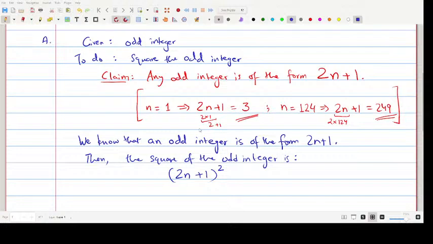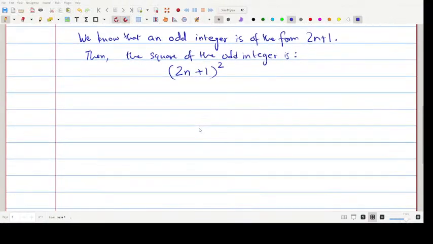I'm going to scroll now. So you see (2n plus 1) whole squared. It looks somewhat like (a plus b) whole squared, correct? And we know that (a plus b) whole squared is written as a squared plus 2ab plus b squared, isn't it?